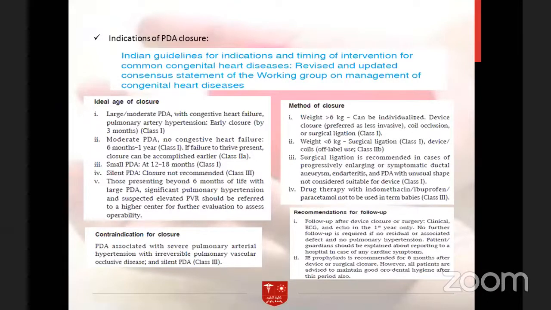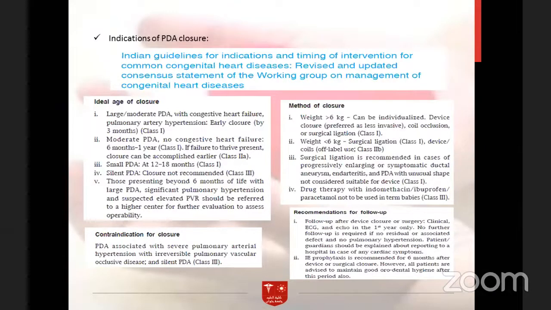Regarding the method of closure, having a weight less than 6 kg is an indication for surgical ligation. Percutaneous closure could be done off-label in certain cases.